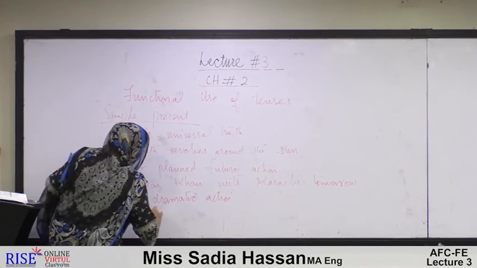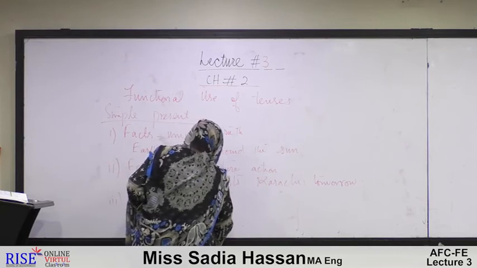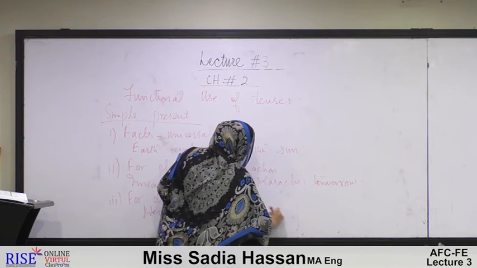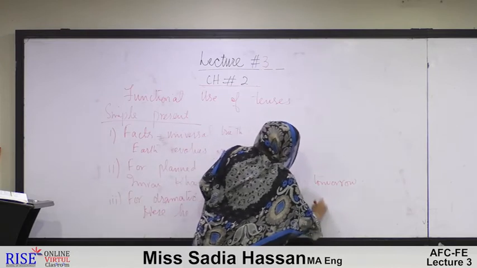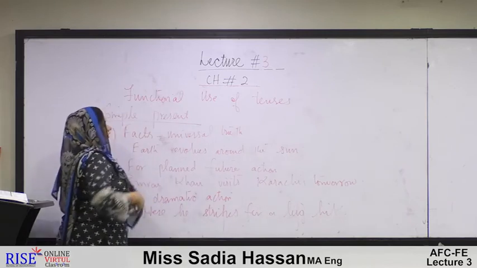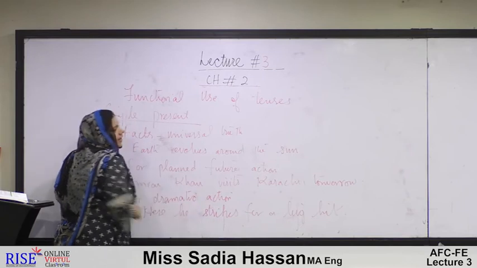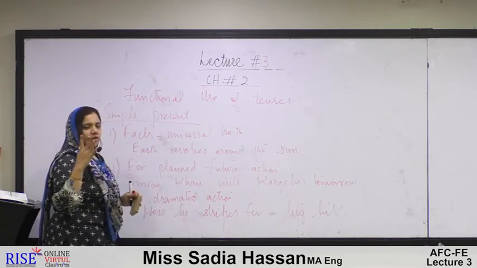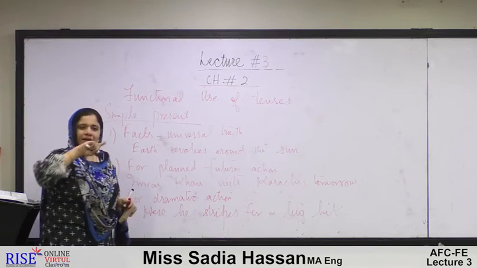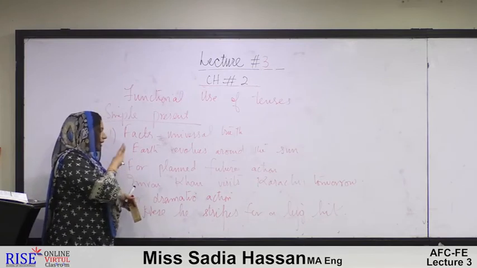Here he strikes for a big hit or for 6. Fine. For the live commentary, we always use simple present tense instead of the present progressive. I have not used it like this: here the batsman is striking for the big hit, or rather it would be used as here he strikes for a big hit.